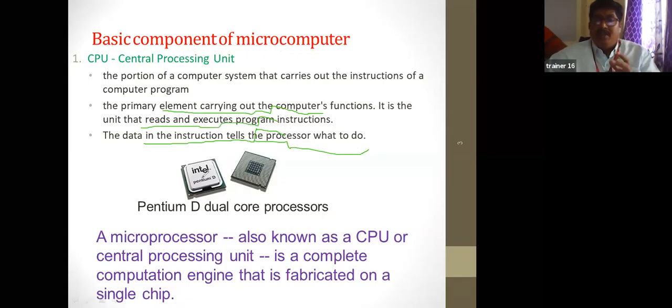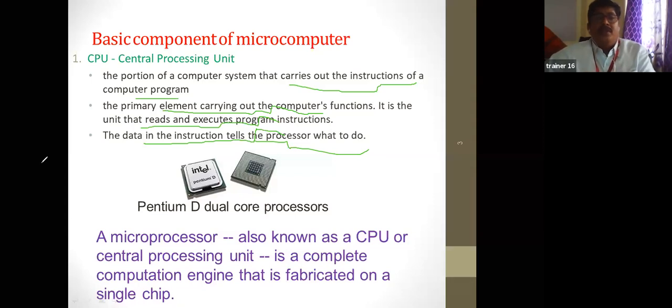Executes means whatever the program instructions are, it gives the output, maybe according to some software, right? It carries out a set of instructions of a computer program. A computer system is nothing but that: it carries out a set of instructions of a computer program.